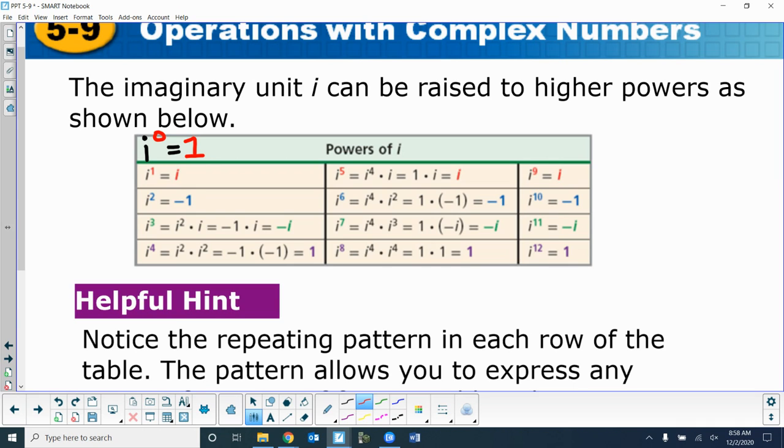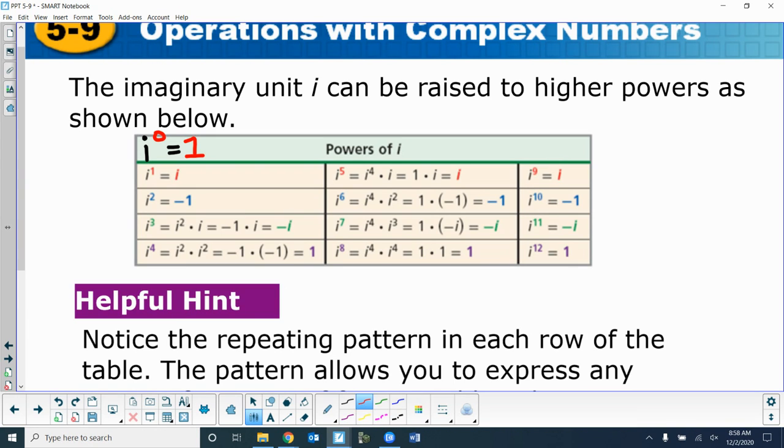Pay attention to this. i squared we know is -1. i cubed is like i squared times i, which is -1 times i, which is -i. i to the fourth is like i squared times i squared, which is -1 times -1, which is +1. i to the fifth, i to the fourth we just figured was 1 times i, so we get i.